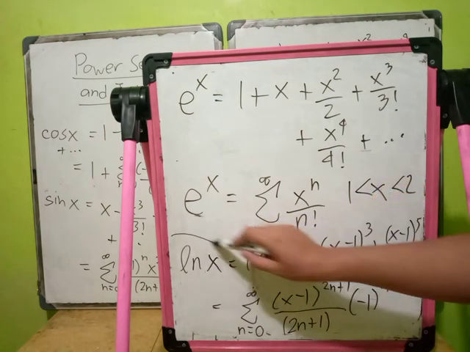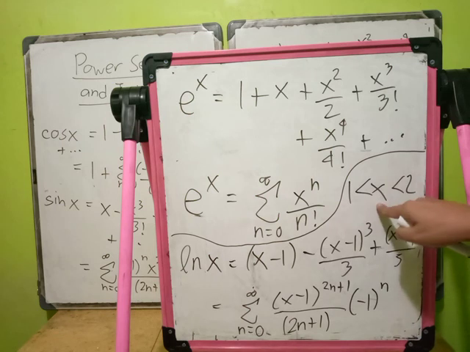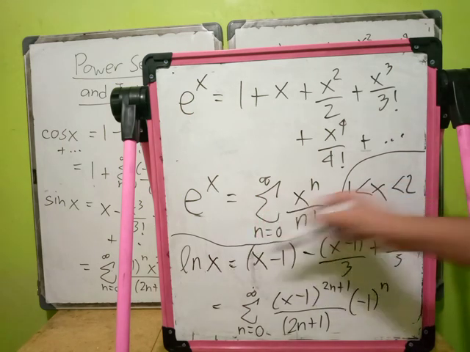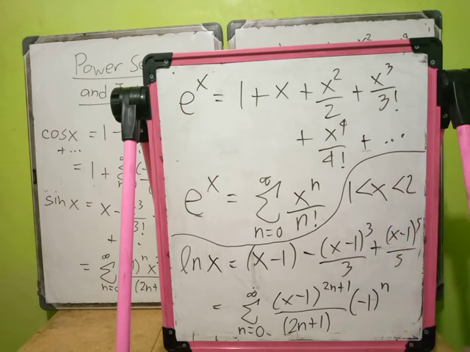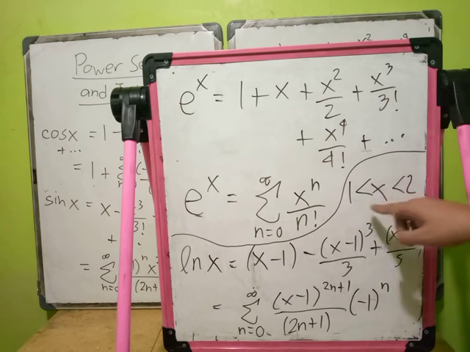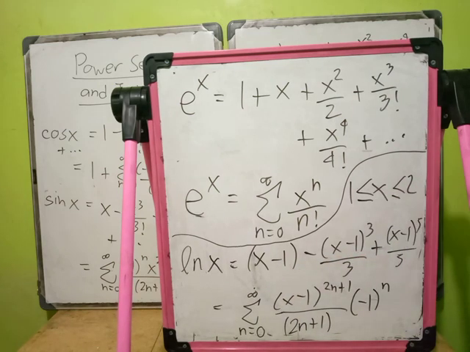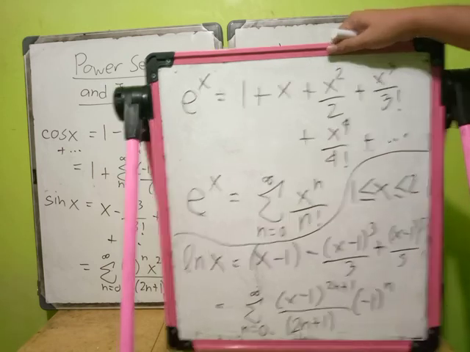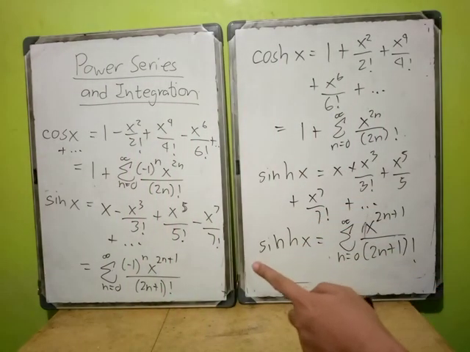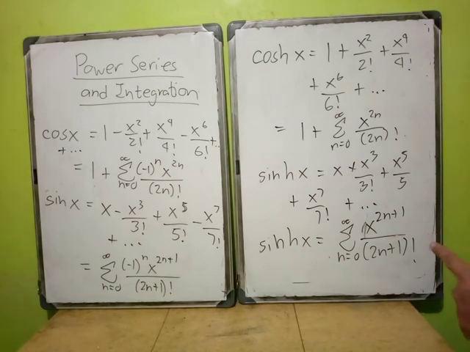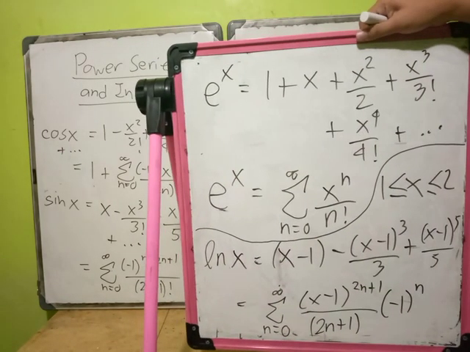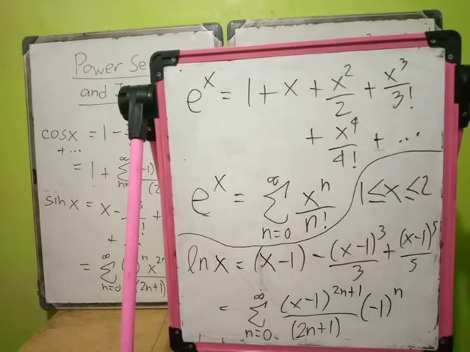So if you're going to integrate and the limits are within 1 and 2, or inside of those values, then you can apply this formula. Okay, so these are the power series: trigonometric functions, hyperbolic functions, and then the logarithmic and exponential functions such as this.